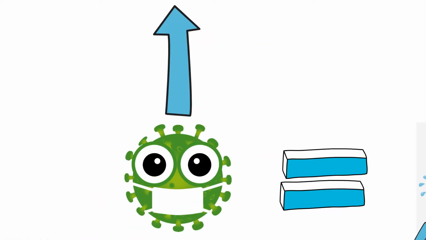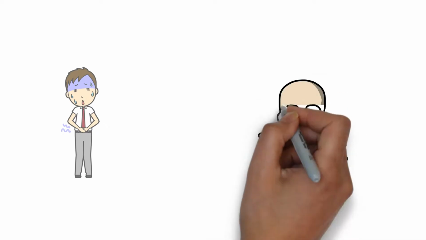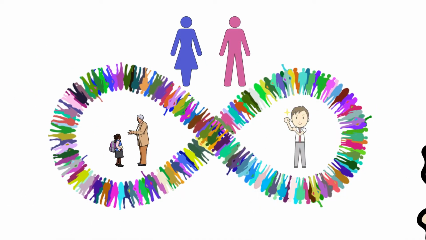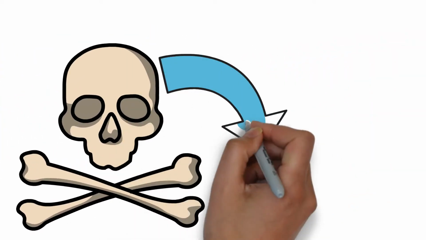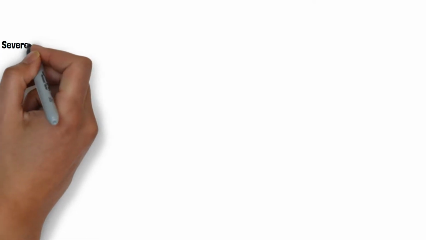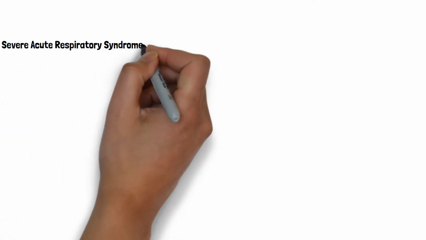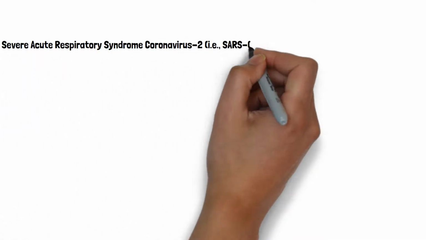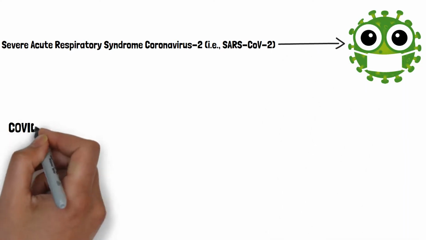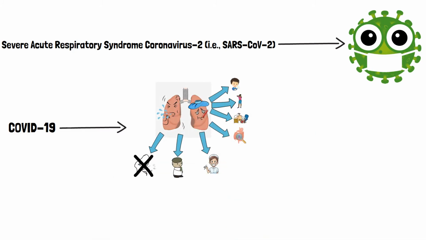This disease can affect and be fatal to everyone regardless of age, sex, or health status. However, immunocompromised individuals are more susceptible to the fatal consequences of COVID-19. Severe acute respiratory syndrome coronavirus 2, or SARS-CoV-2, is the virus, while COVID-19 is the resulting disease.